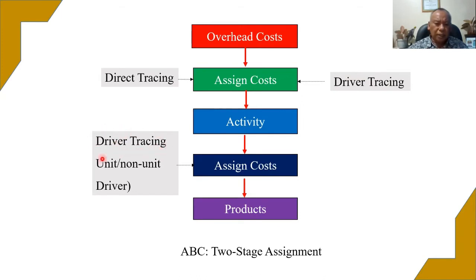Driver tracing in this case can be unit drivers or non-unit drivers. In the first stage we call it a resource driver, because it is the driver that we use to assign resources to activity. In the second stage, it is the activity driver, but we have unit and non-unit drivers to assign the activity to the products.